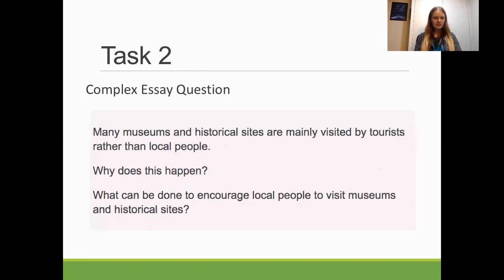Another question is, many museums and historical sites are mainly visited by tourists rather than local people. Why does this happen? What can be done to encourage local people to visit museums and historical sites? So don't forget both the why and what can you do to encourage locals.